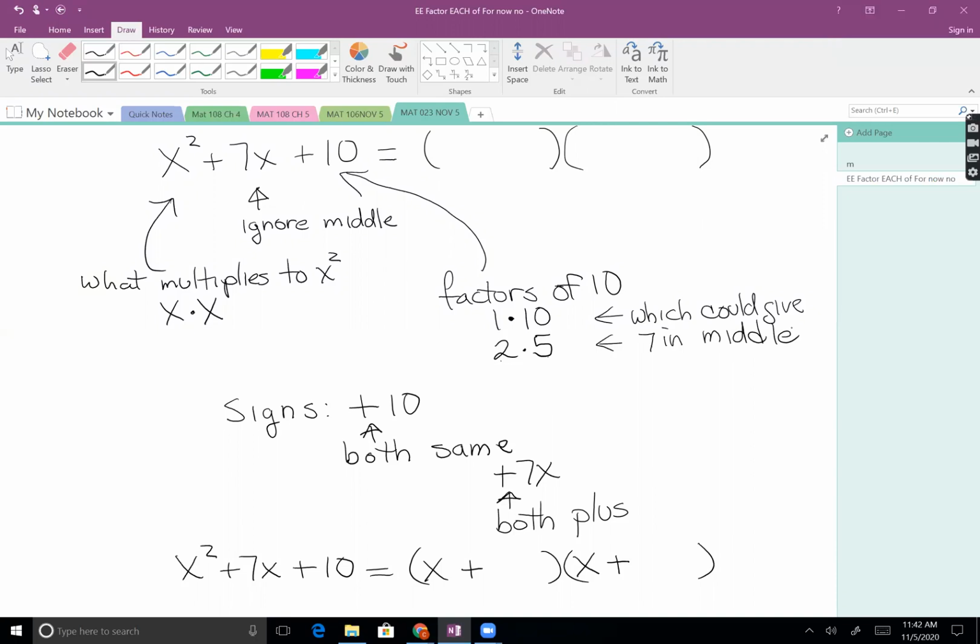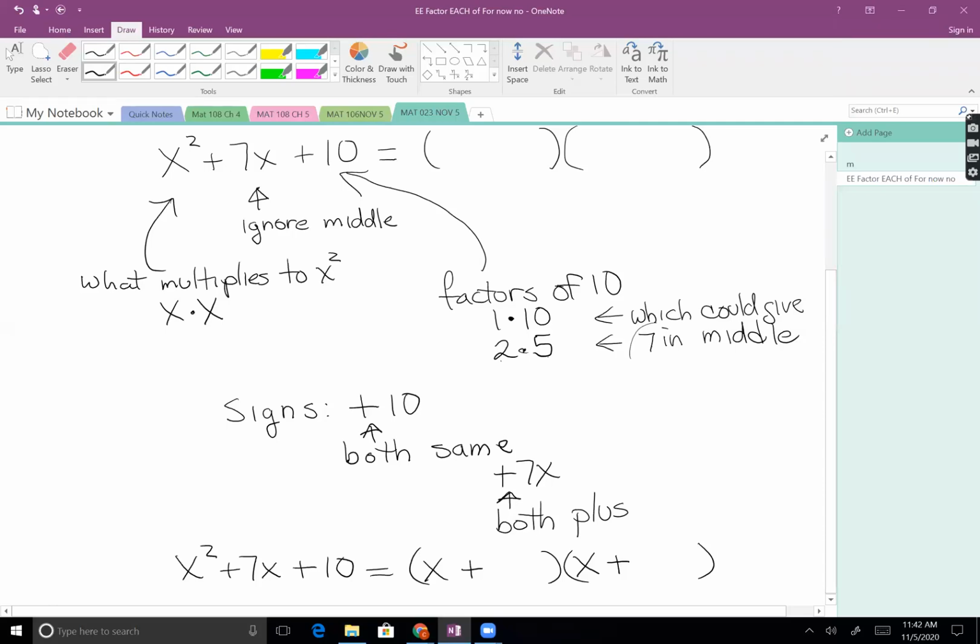1 and 10. How would 1 and 10 give me a 7? 1 plus 10 is 11. Oh, I thought you meant include a 7. No, they're actually going to have to add to 7 or subtract to 7.